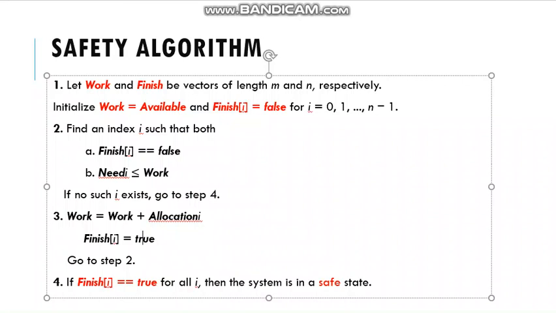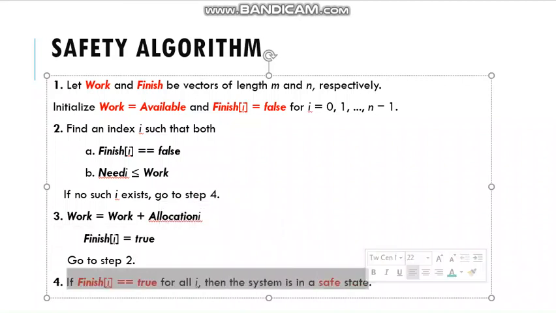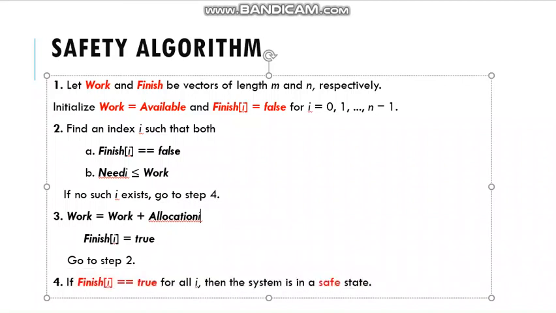Again it goes to Finish of i; initially it was 0, now it goes to the next process. It will continue such that if no such i exists, meaning all the processes have completed their tasks, Finish of i becomes true for all, then we end the algorithm. Then we tell that the system is in a safe state.